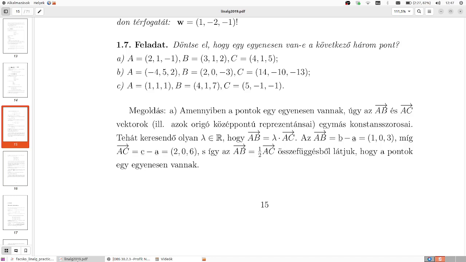Okay, here we have 3 points, and we have to decide whether they are in the same line, not plane, line. What you can do, you have 3 points. It's very simple, and the first 2 tasks will be very simple, and the next one, that won't be.